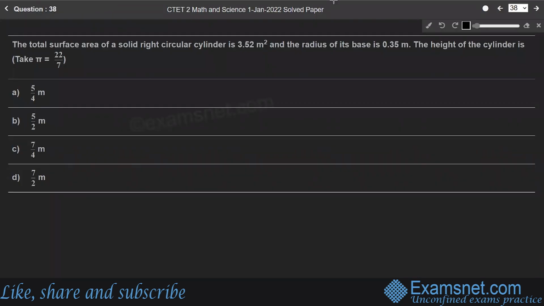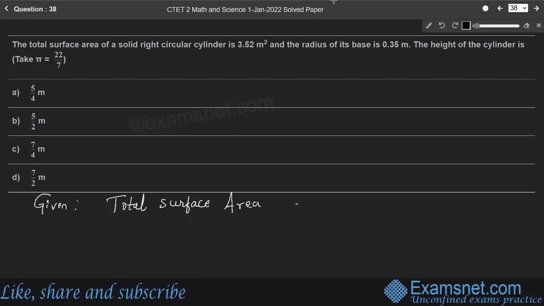Question number 38. The total surface area of a solid right circular cylinder is 3.52 meters square and the radius of its base is 0.35 meter. The height of the cylinder is, given pi is equal to 22 by 7. So, given total surface area, or you can write it as TSA.